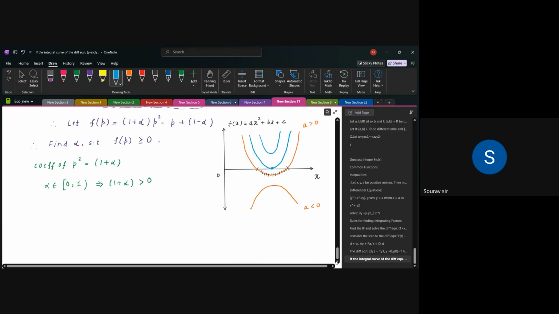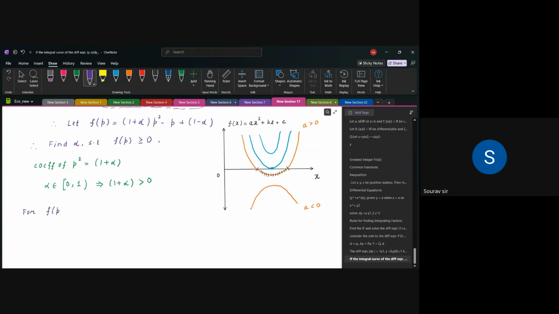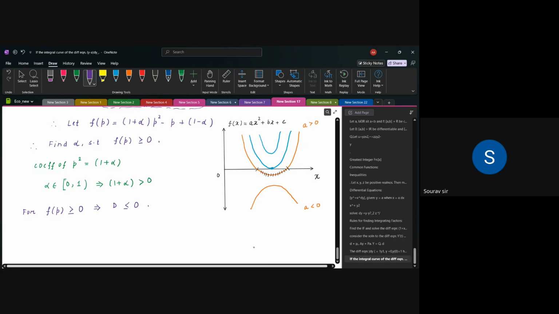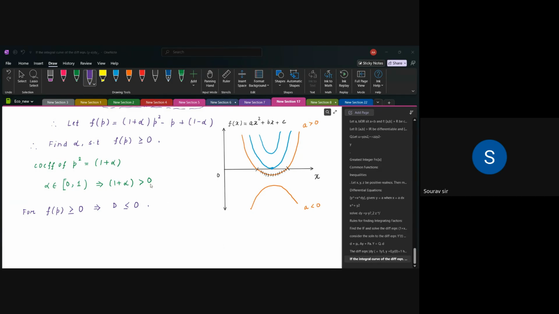Correct? So can I say that for f(p) to be greater than or equal to 0, the discriminant should be less than or equal to 0. I also need to take the equality case, right? Because the question says f(p) greater than or equal to. So that means the discriminant can be equal to 0 as well.